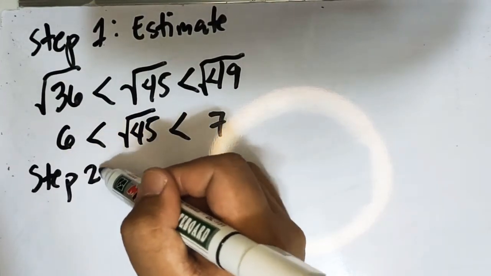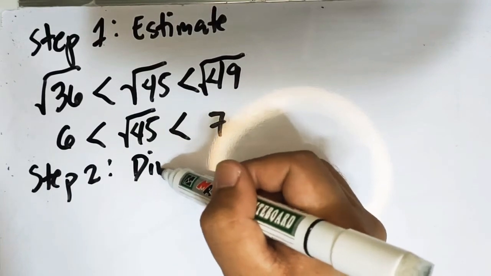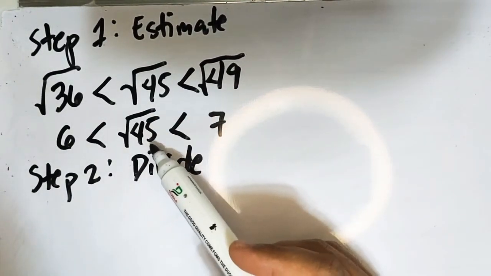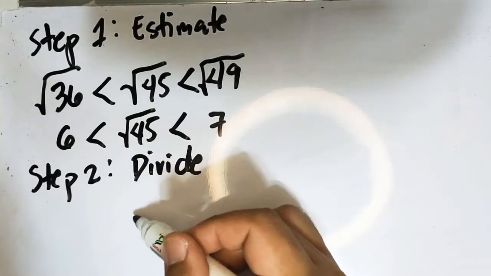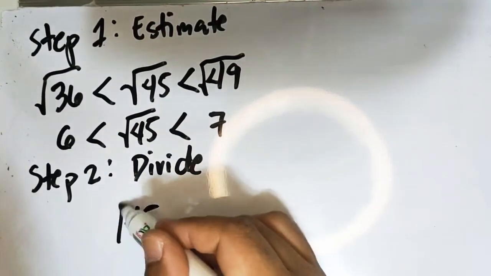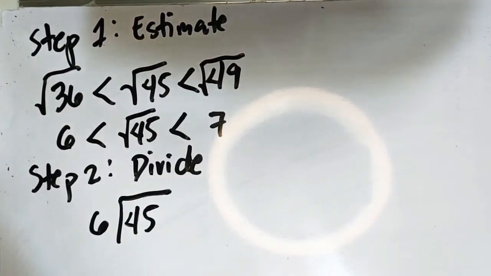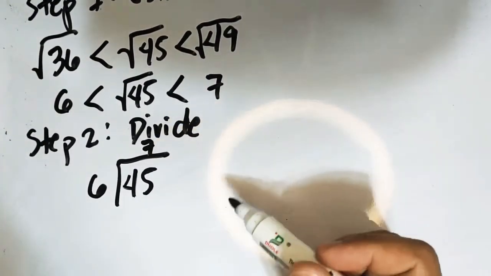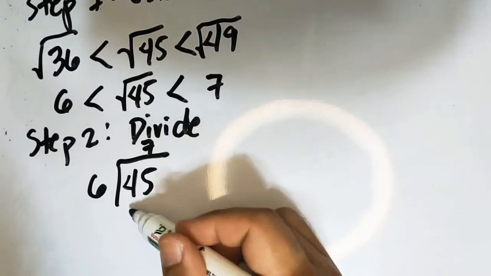Next, step 2, magdi-divide tayo. Divide natin yung given number by 6. So, we have 45 divided by 6. So, that is 7. 7 times 6 is 42.